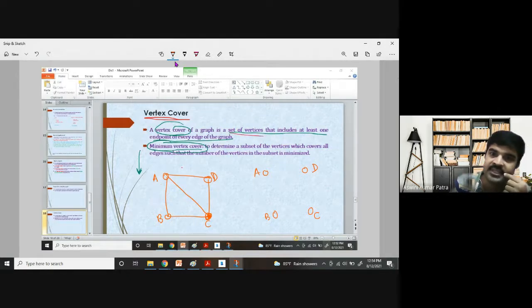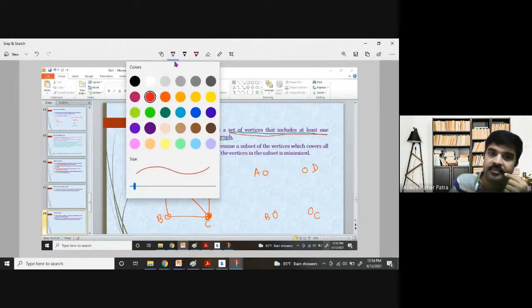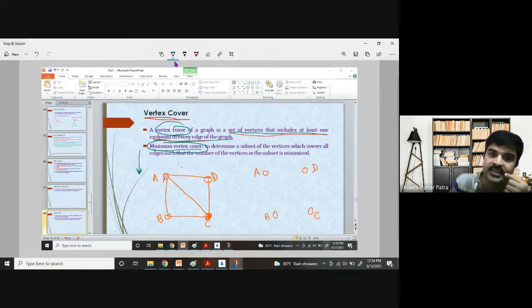A set of vertices that includes at least one endpoint of every edge. So I will process one edge. Let's consider this edge, and randomly you can pick either B or A. Possible? So a vertex cover of a graph is a set of vertices that includes at least one endpoint of every edge of the graph.